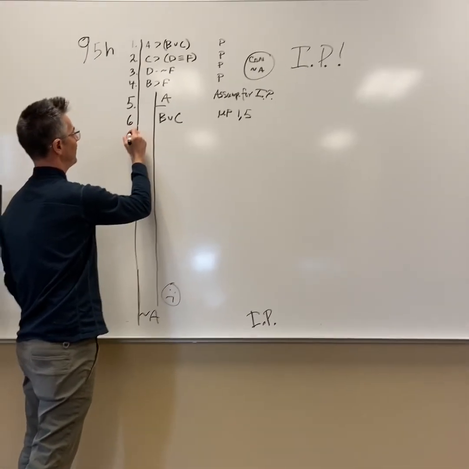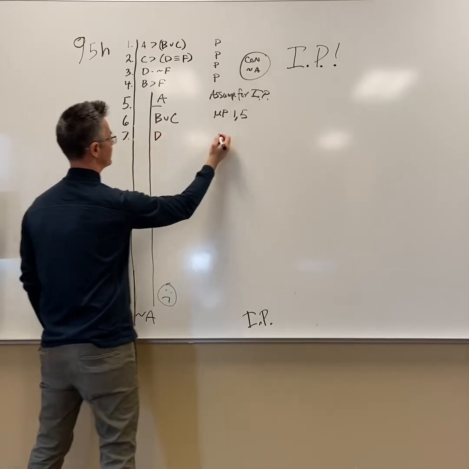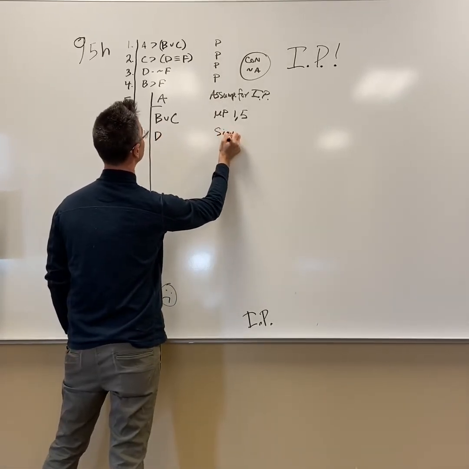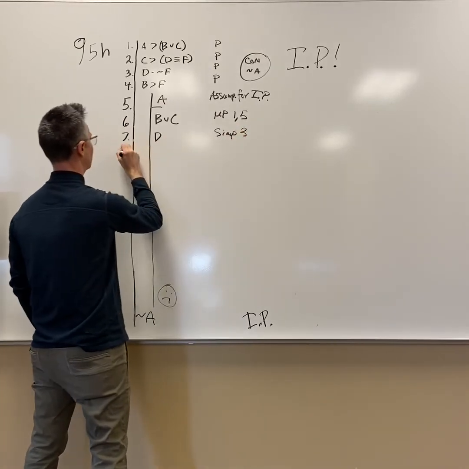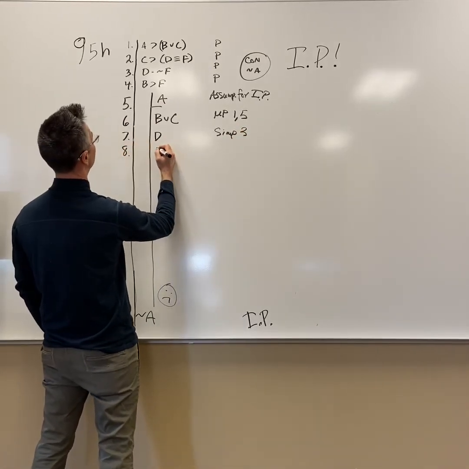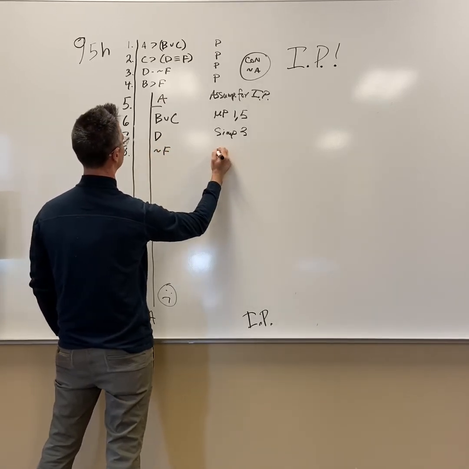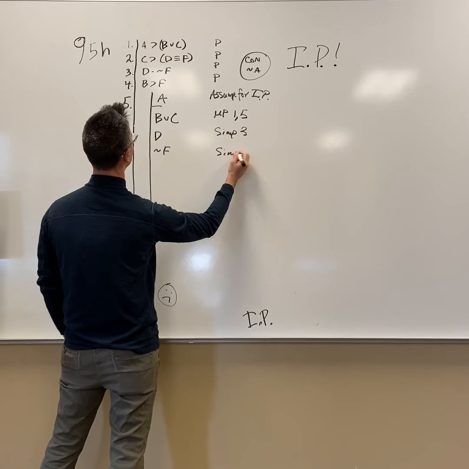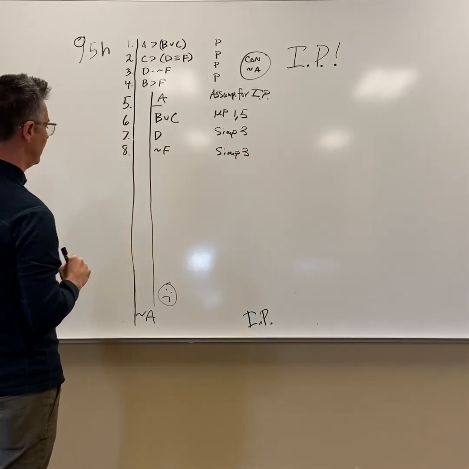These are simplification options for us, so let's do that. We'll get D by itself, that's a simplification on line 3. And the one that we're maybe more interested in, not F, a simplification also from line 3. Okay, so far so good.